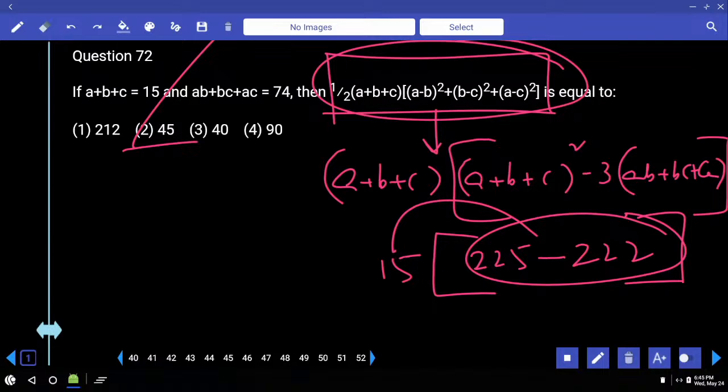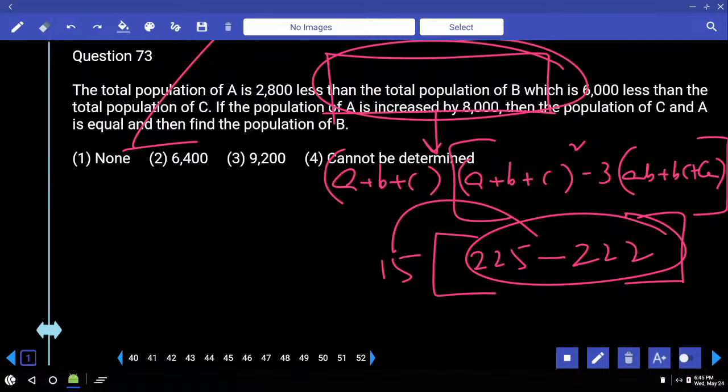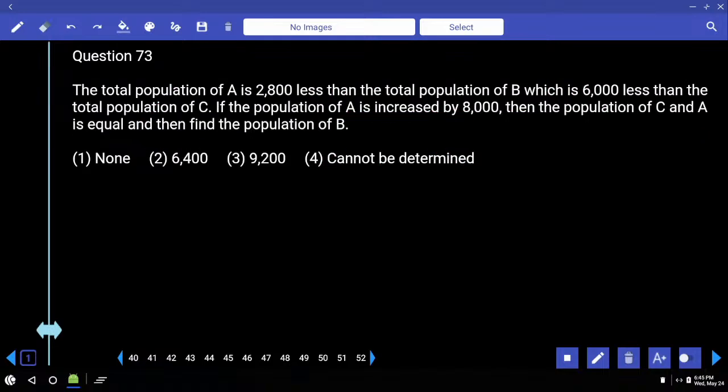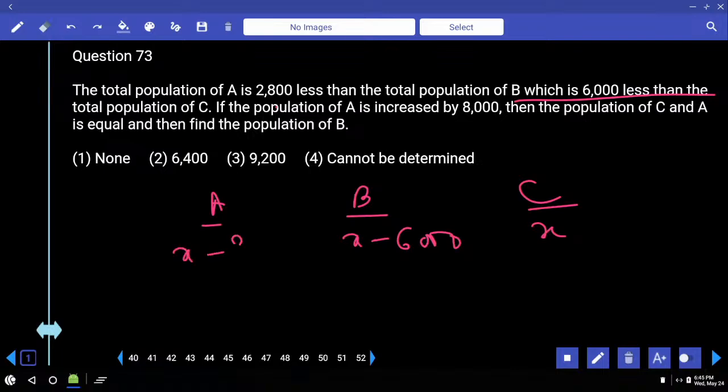Next, the total population of A is 2800 less than the total population of B, which is 6000 less than the total population of C. If the population of A is increased by 8000 and the population of C and A is equal, find the population of B. A, B, C. The total population of A is 2800 less than B, which is 6000 less than C. For example, if C is x, B will be x minus 6000 and A will be x minus 8800, isn't it?